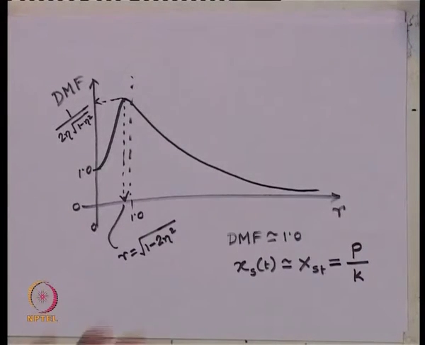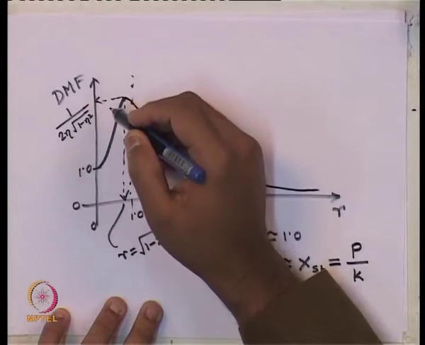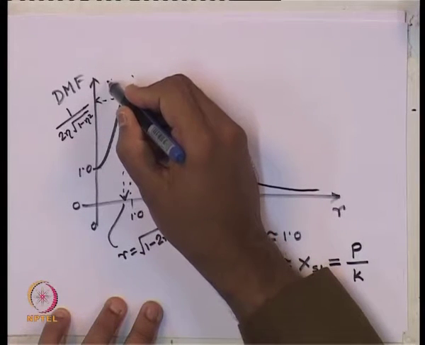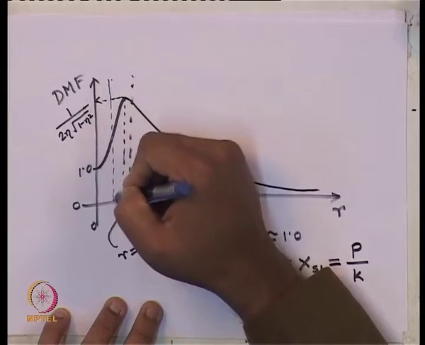So, if DMF close to 1 is affected or dominated by stiffness, what can we do? We can mark a particular zone very close to DMF equals 1.